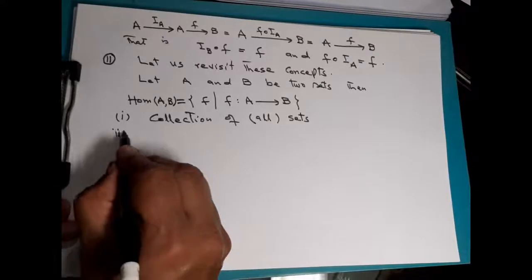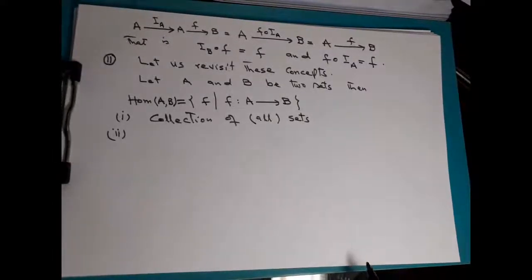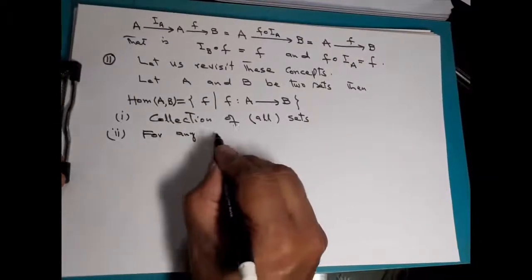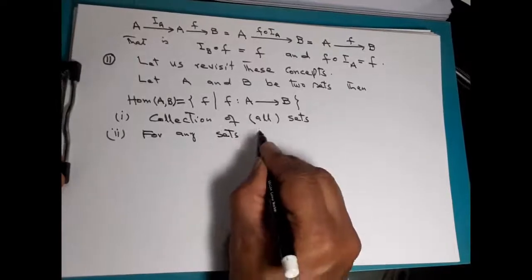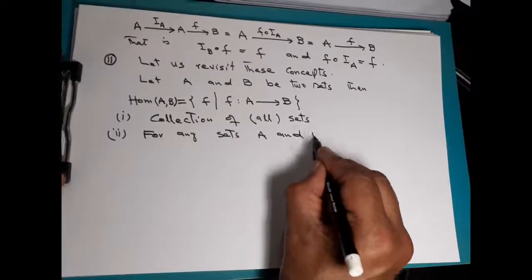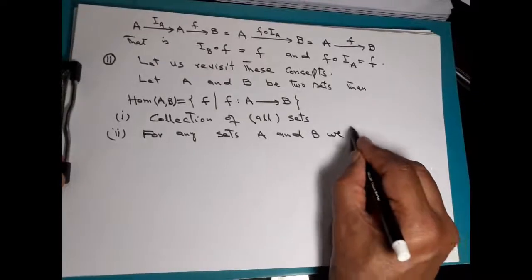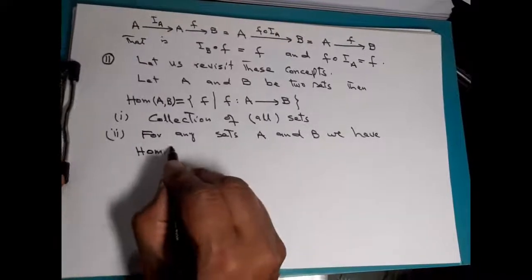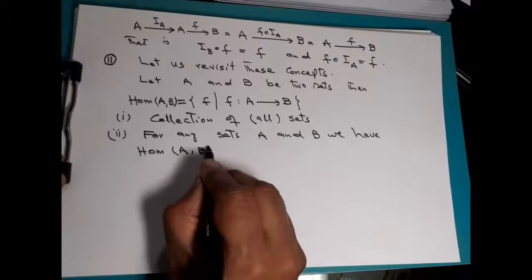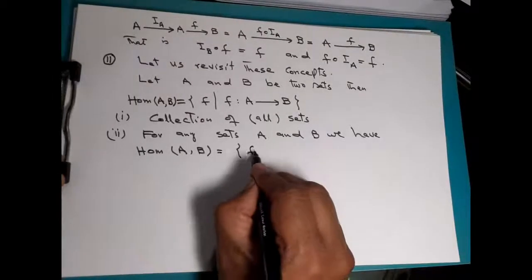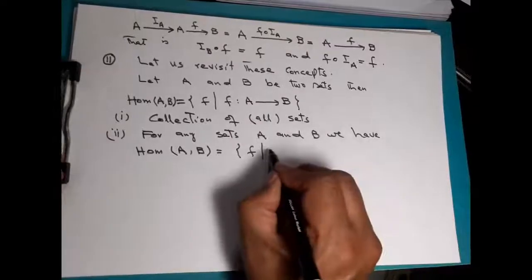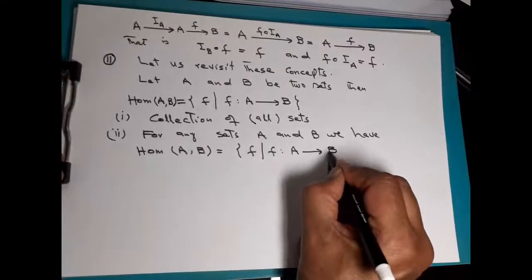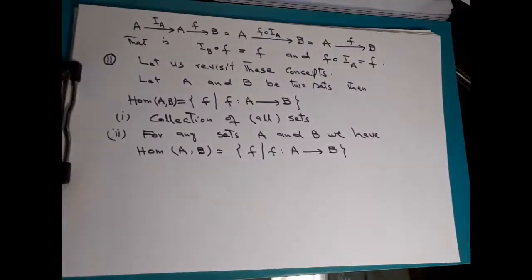Secondly, for any sets A and B, we have home AB, which is in fact the set of all the functions with domain A and codomain B. Functions from set A to set B. So this is home AB.